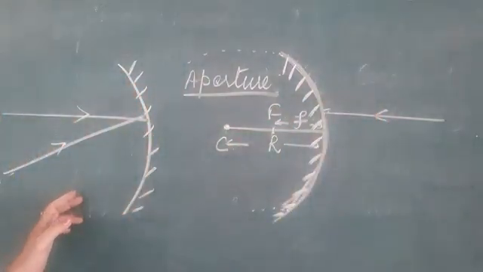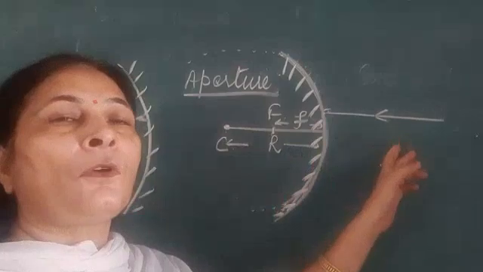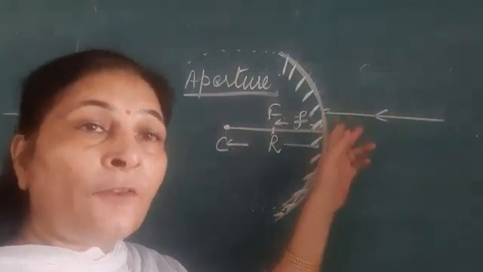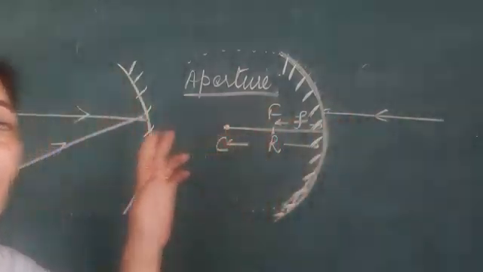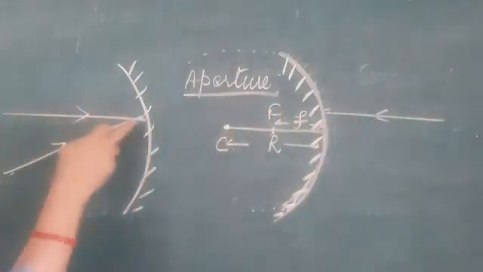So while making the ray diagrams for image formation, which you will be doing in detail, you have to keep in mind that the ray of light must be incident on the reflecting side. So in a concave mirror it will come like this, and in a convex mirror it will come from this side.